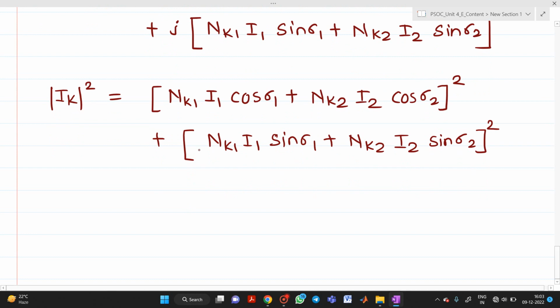So let me write this now. Mod of Ik square will be equal to a plus b.